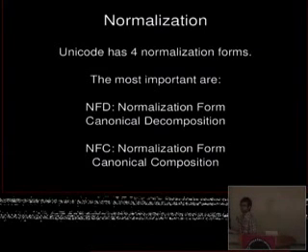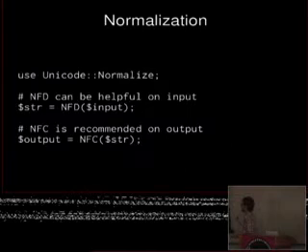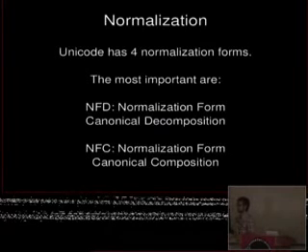It will decompose it into your standard decomposed form, and then it will recompose it. So NFC is the shortest form possibly? Yes, NFC is the shortest, NFD is longest, but NFD is always run in order to get to NFC.